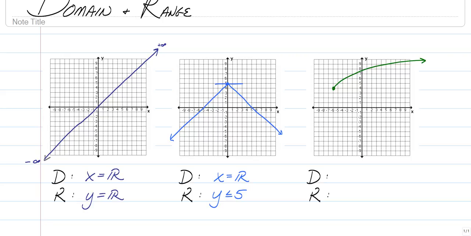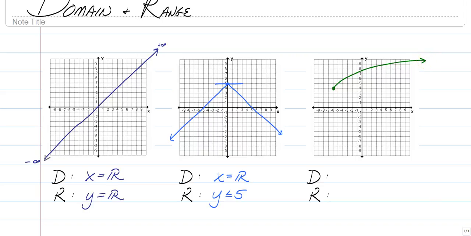Okay? Next one. Also, something to think about. It does not go left, and it does not go down forever. So remember, left is domain, down is range. So we start here. This is what we would call a starting point of this particular graph. So for the domain, it doesn't go left forever, but it does go from negative 6 and beyond.